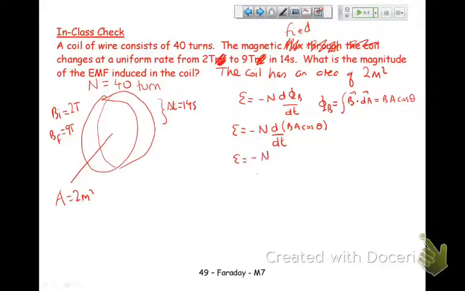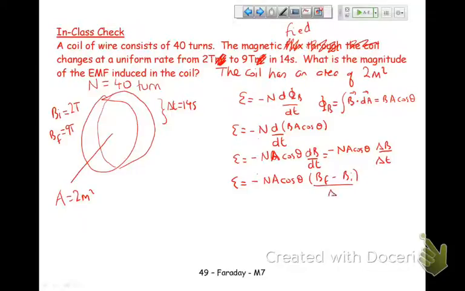So my N can come out, my A can come out, and the cosine theta can come out, and that leaves me with dB by dt. In the nice uniform form, I can say that's delta B by delta t. And so my EMF is equal to minus N A cosine theta, and I can even write that as B final minus B initial over delta t.